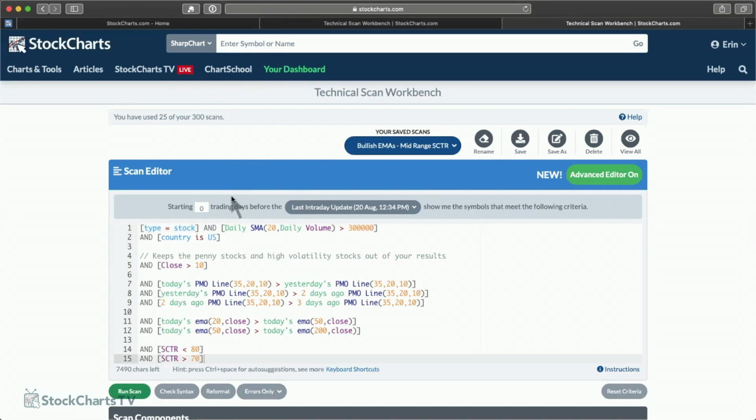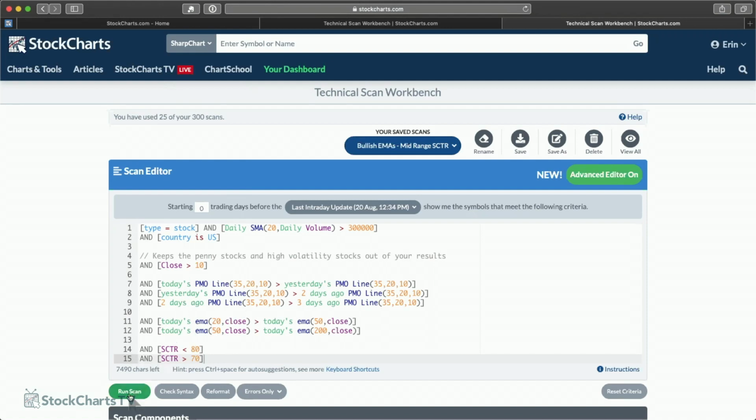I'm looking for bullish EMAs, meaning I like to have the faster EMAs on the top. You can see that right here, the 20 being above the 50 being above the 200, because that tells me right off that it's in an uptrend price-wise. I then like to see my PMO rising for at least 3 days. I want a Scooter between 70 and 80.